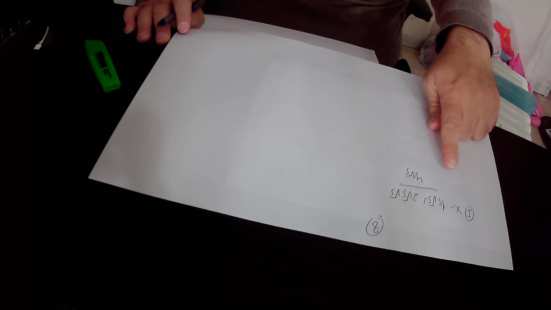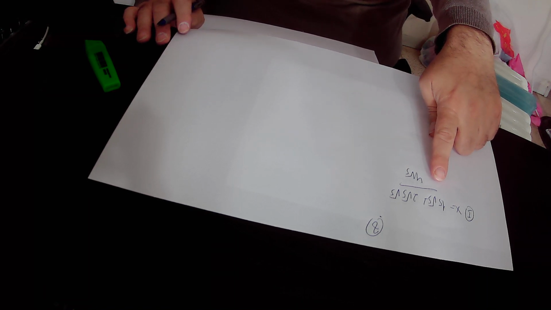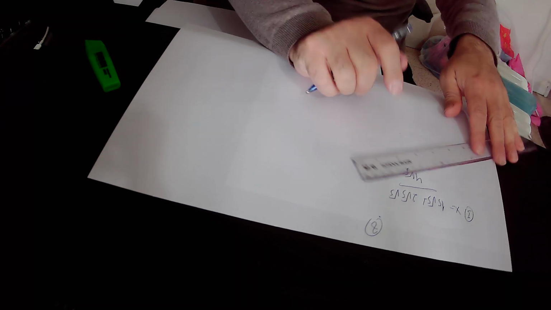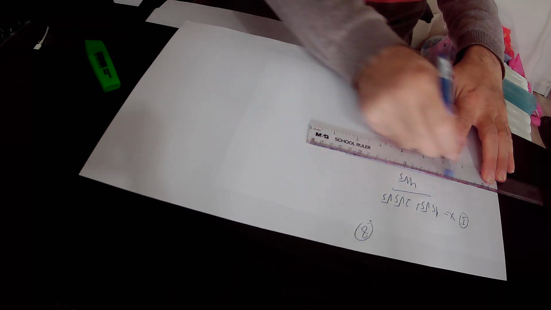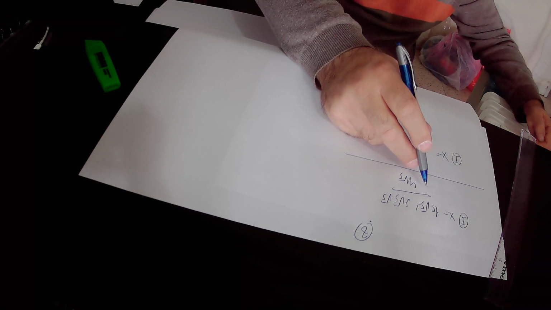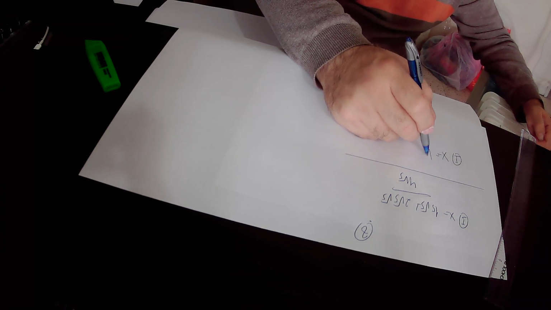In the next step, we take square root of 5 as a common factor from those two expressions, and we get that according to equation number 1, x equals, so square root of 5 is taken out as a common factor.